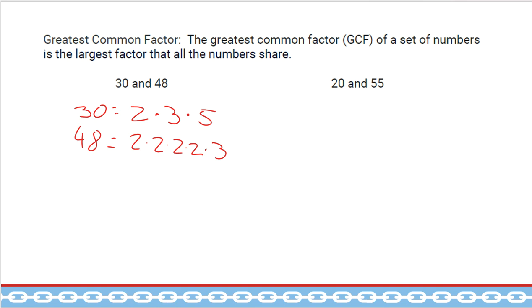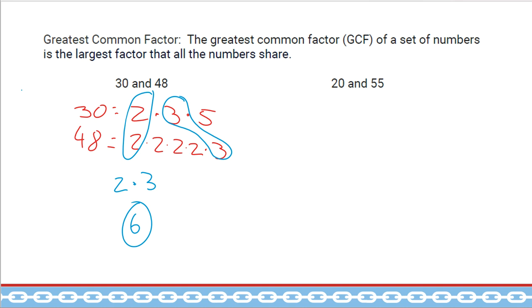What I am looking for now is numbers in both lists, right? They both have a 2 and they both have a 3, right? So their greatest common factor is 2 times 3, which is equal to 6.